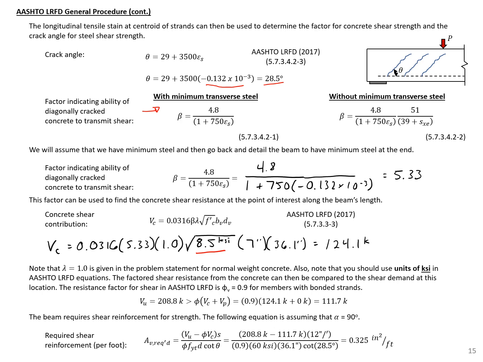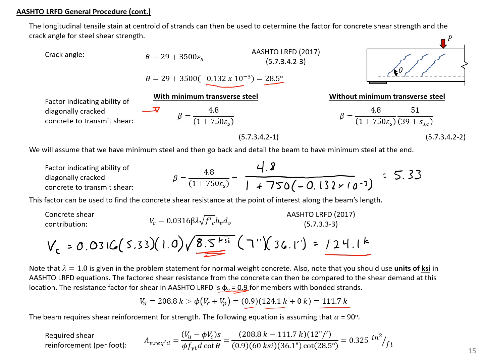So this is our Vc. And note again that we're using ksi under a square root. In AASHTO, our resistance factor for shear is 0.9. So we take our 0.9 times our Vc to get our phi Vc equal to 111.7 kips.